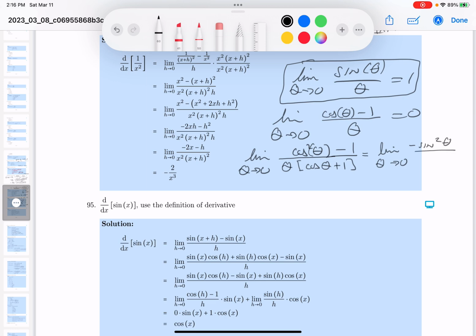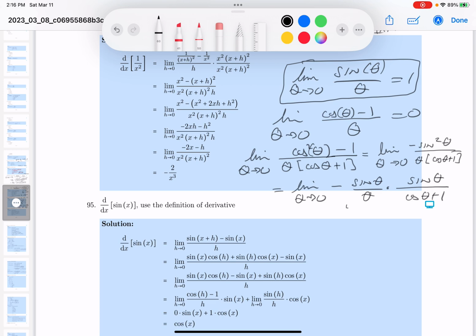And this is over theta times cosine theta plus 1. All right? Almost there. Let's write this down. The limit as theta goes to 0 of minus sine theta over theta times sine theta over cosine theta plus 1.